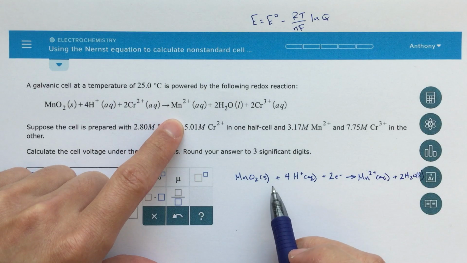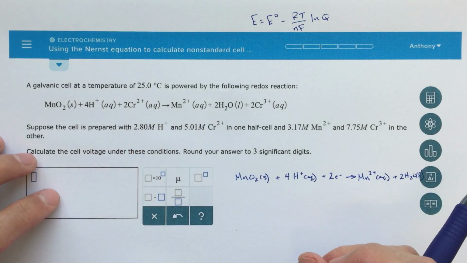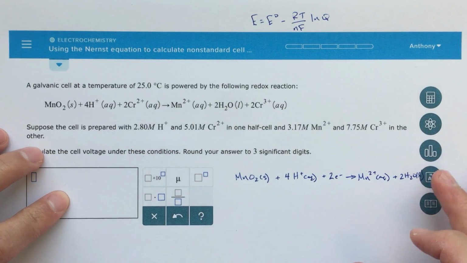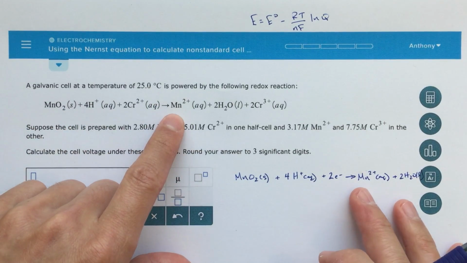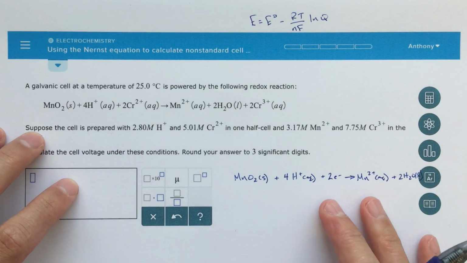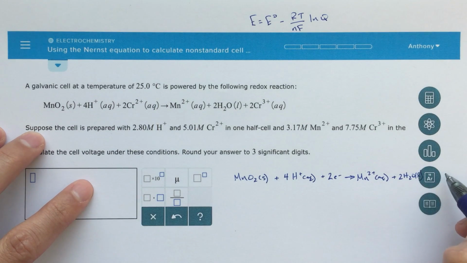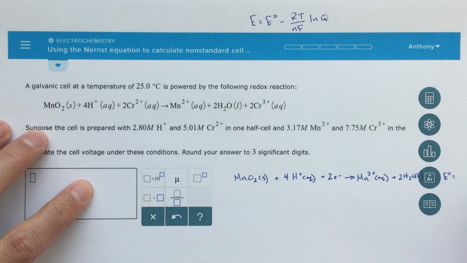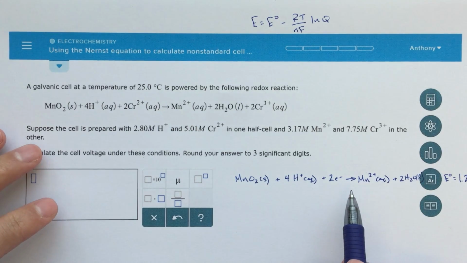You might be a little bit confused about how I came up with this half reaction. Really, I looked up in my ALEKS data tab for a reaction that had MnO2 and 4H+ going to Mn2+, parts that I could match up. I found this equation, and it has a reduction potential equal to 1.23 volts.